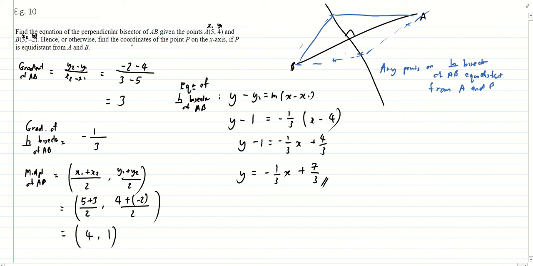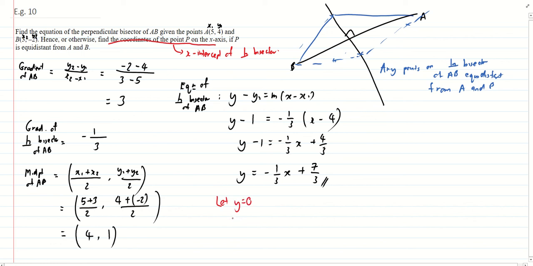So in this case, when they ask you to find the coordinates on the x-axis, this is simply asking you to find the x-intercept of the perpendicular bisector. So to find the x-intercept, I let y equal 0.